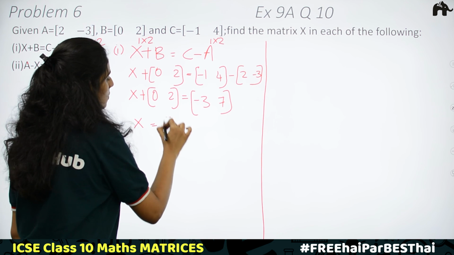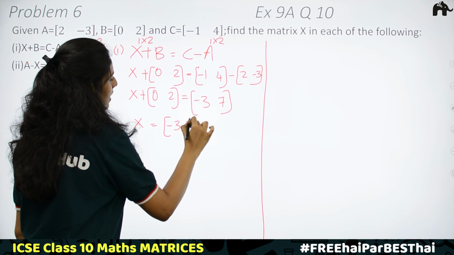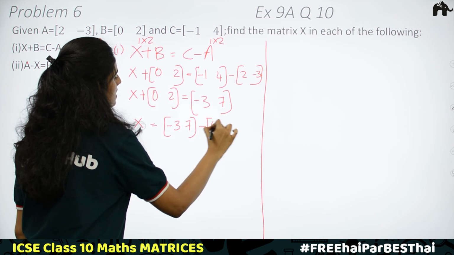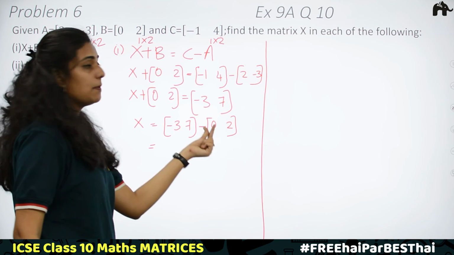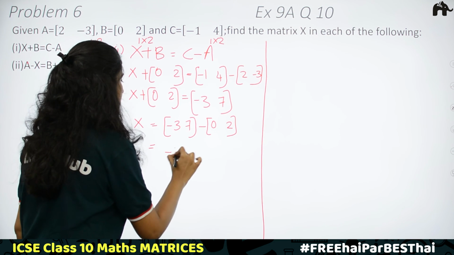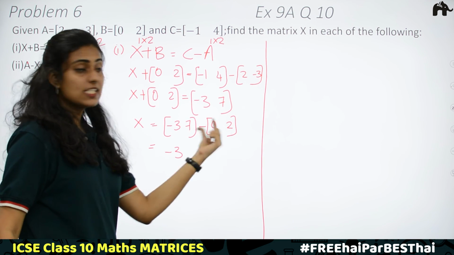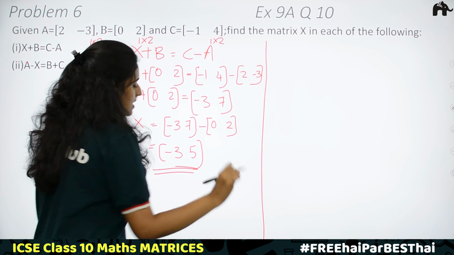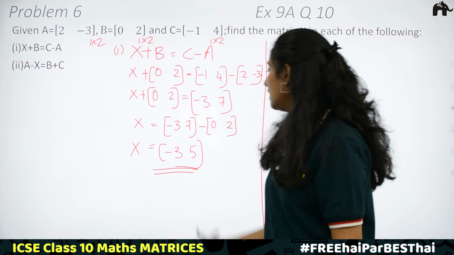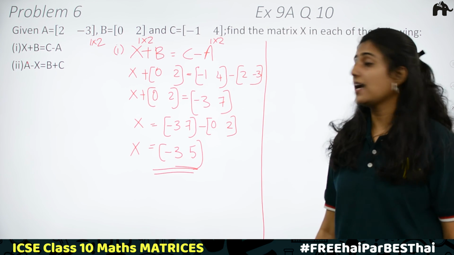That is equal to [minus 3, 7] minus [0, 2], equal to minus 3 minus 0, we get minus 3. 7 minus 2 is 5. This is what matrix X is in the first question. In the first question, we got X is equal to [minus 3, 5].